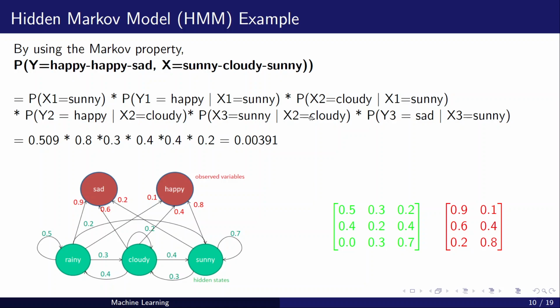Then x3 given x2, that is the cloudy to sunny transition, into probability of y3 equal to sad on a sunny day.